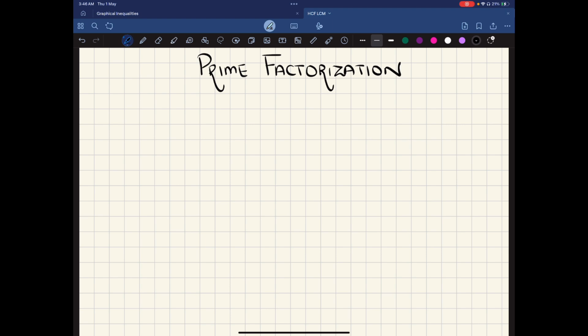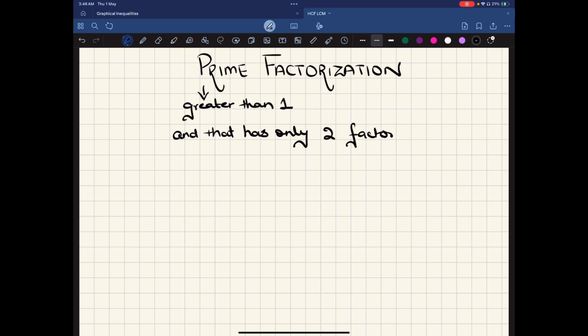A prime number is a number that is greater than 1 and that has only two factors, 1 and itself. So a prime number is a number which is divided just by 1 and itself. It has exactly two factors.